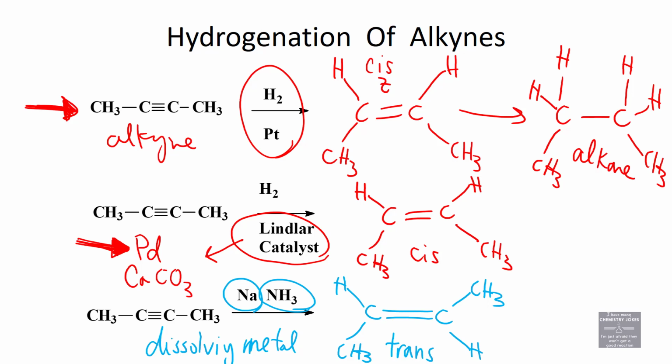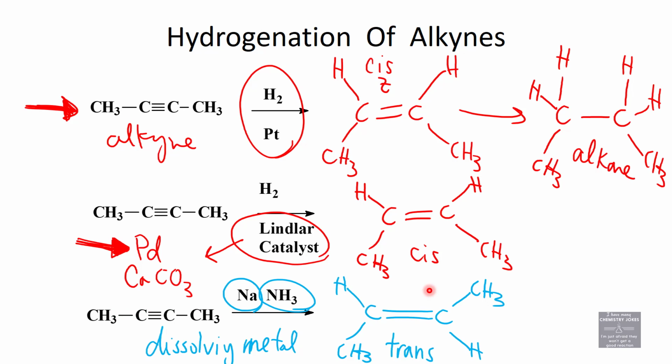So you dissolve that metal into liquid ammonia, and it goes through a reaction in order to do some single electron transfers, some weird kind of stuff going on in this thing. But the take-home message, what you need to know is alkyne plus metal and ammonia gives you a trans alkene. It could be sodium, it could be lithium. We will most often see sodium, but it really could be another neighbor of sodium. Alkyne plus metal and ammonia, you get a trans alkene.